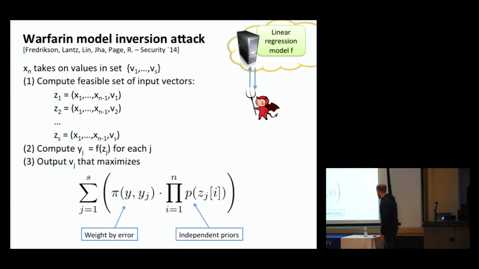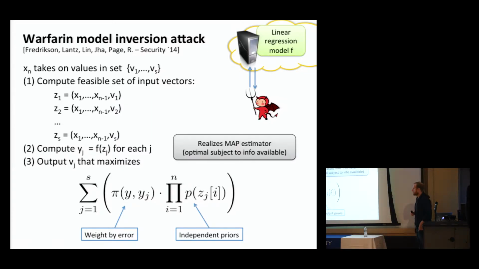Intuitively, if there wasn't any error, you'd be done. You could just figure out which y value matches the known y value. But the y value you have is not exactly the output of this model, so it's got some noise and error in it. In this case, what we'll do is output the value of the genetic marker that maximizes the likelihood of it being the correct one, given all the information we do know, which is the F outputs, as well as the probability error models, which I didn't mention, but which are also available with these linear regression models.